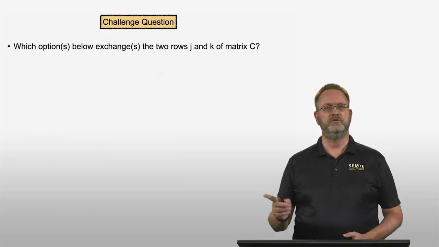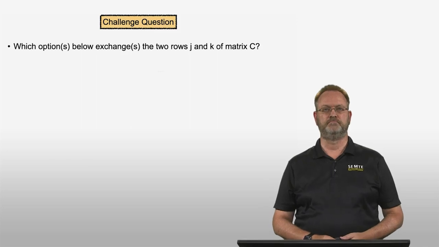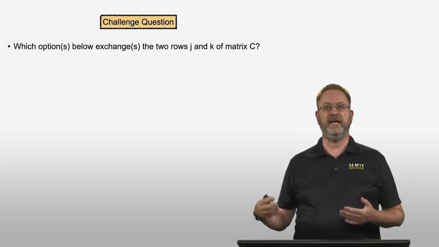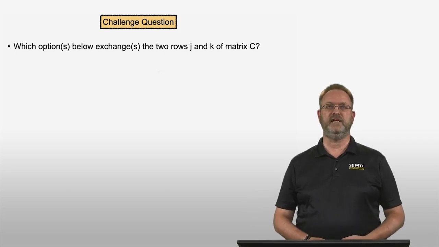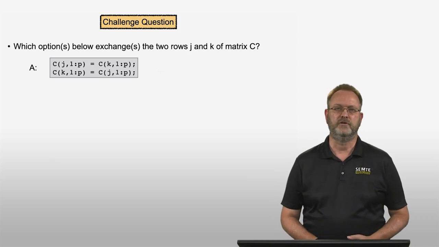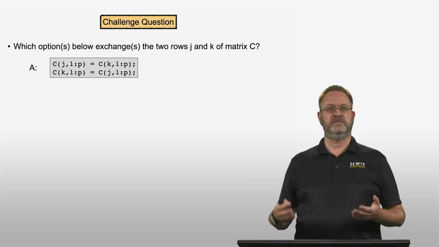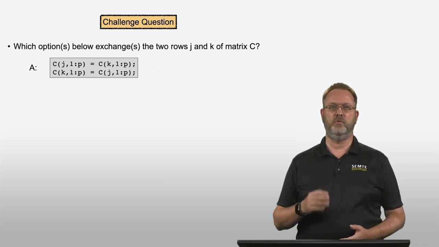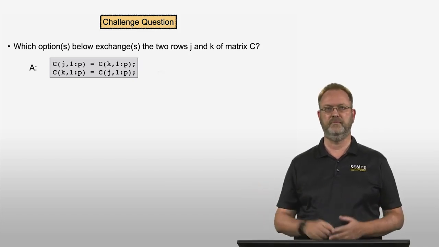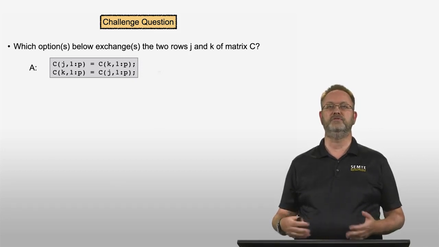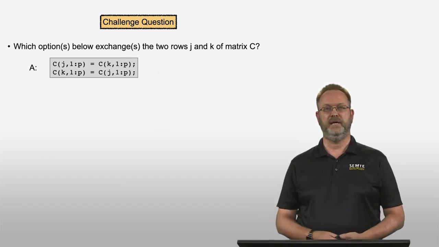So here's a challenge question for you. We now have to exchange rows j and k of the matrix C. Which of these MATLAB codes will do this for us? The first option, A, is C of j, that's the row j, from 1 to p, so through all columns, is equal to C of k from 1 to p.